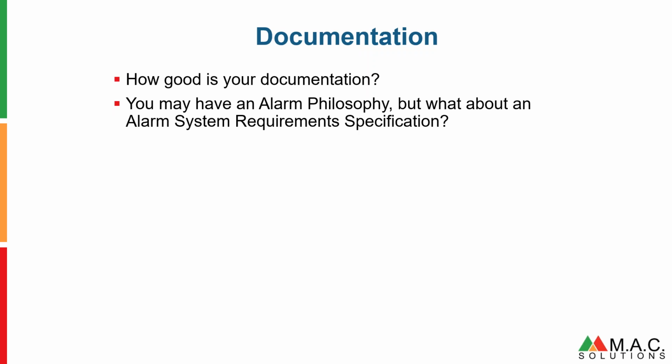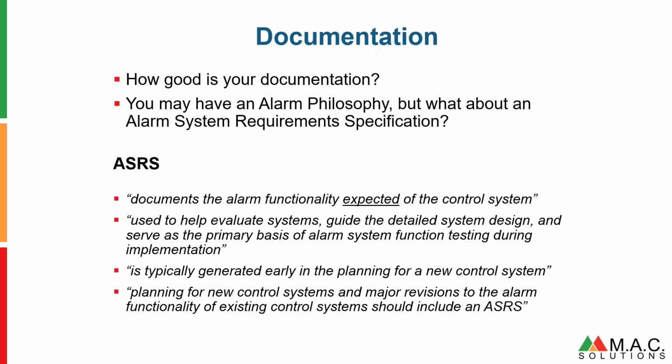I mentioned this document on an earlier slide. Quite a number of people will probably think, what is an alarm system requirements specification? Okay, an ASRS documents the alarm functionality expected of the control system. What is it you want your control system to do, your alarm system to do?